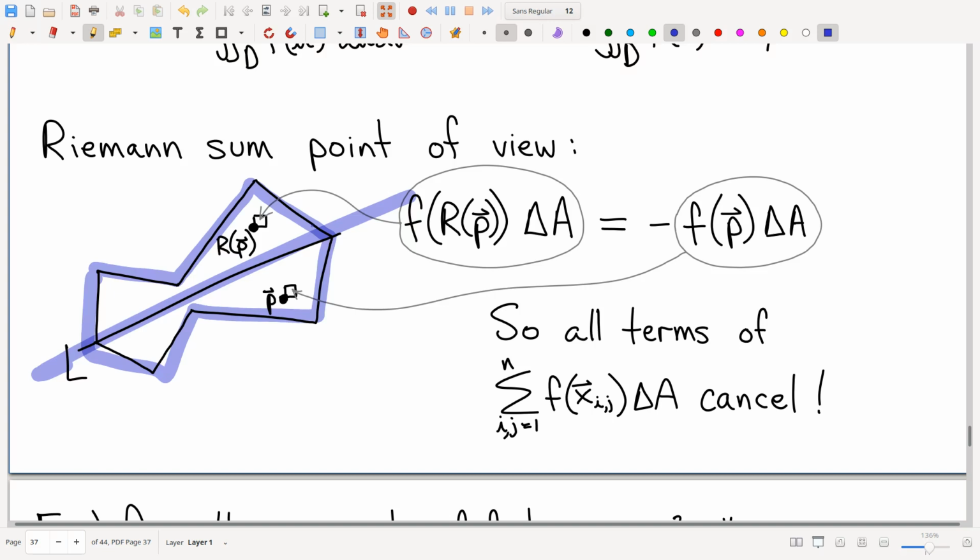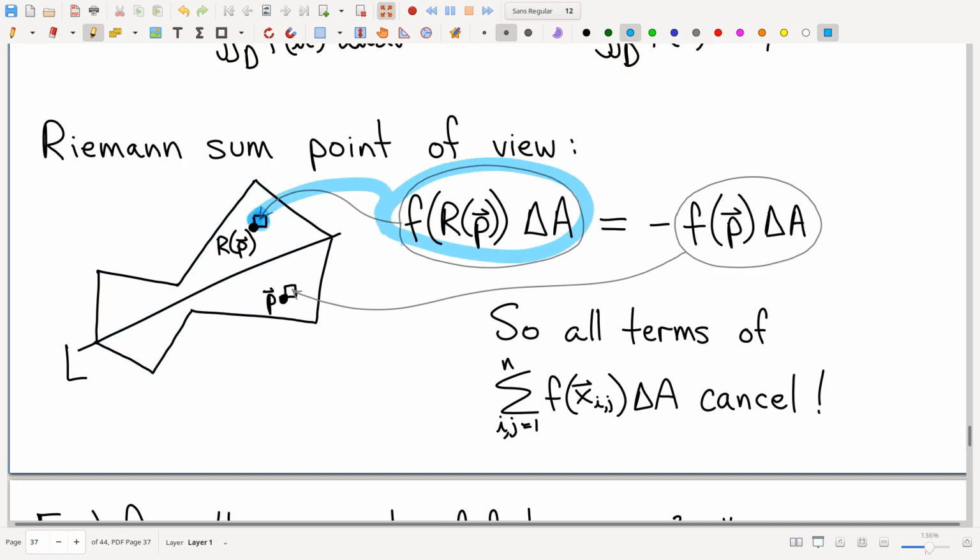And that being the case, any term in the Riemann sum for the given integral, such as that one, will kind of pair up with a corresponding reflected term in the Riemann sum, such as that one. And because of the oddness, these are negatives of each other, and therefore everything cancels.